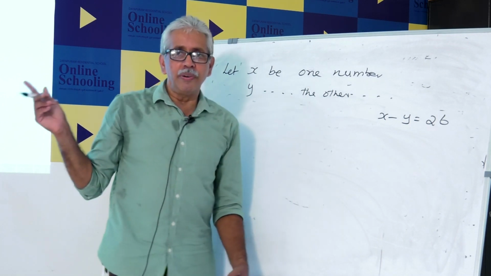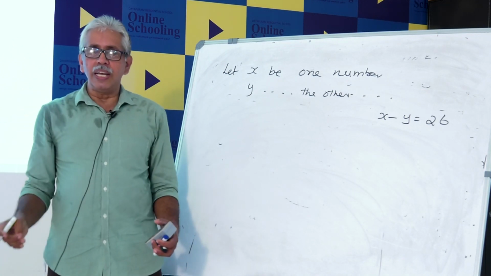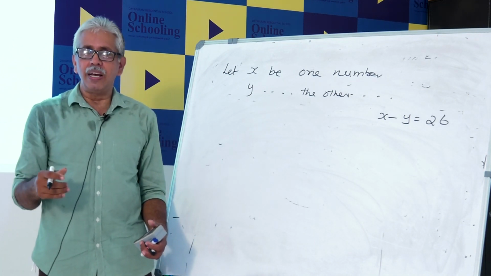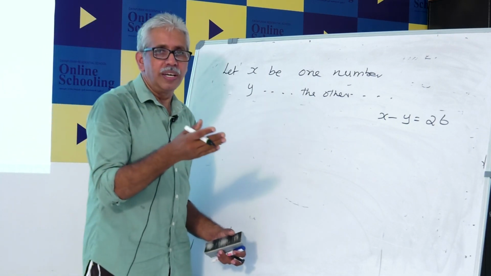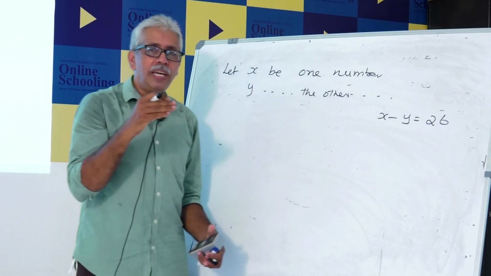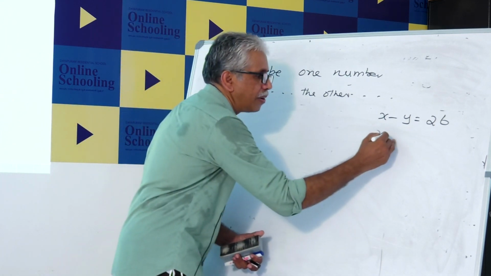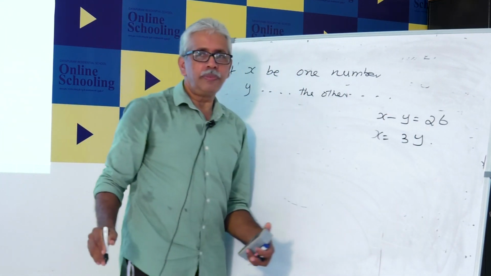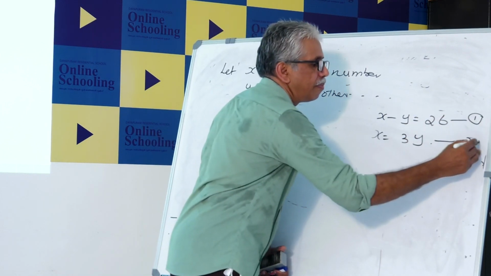So when you read the second statement, the corresponding linear equation that you will make should be, in that case there is no choice because x is the larger number, so x should be equal to 3 times the other number. So x equal to 3y. So these are the two linear equations.